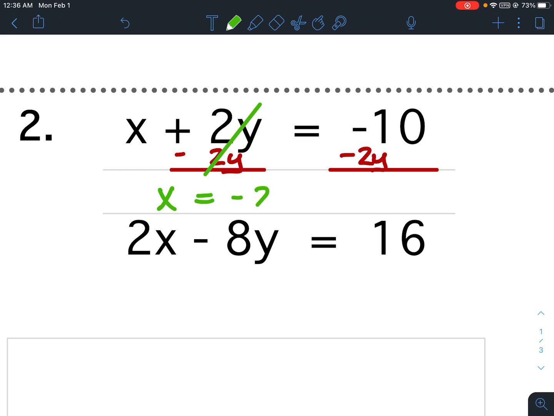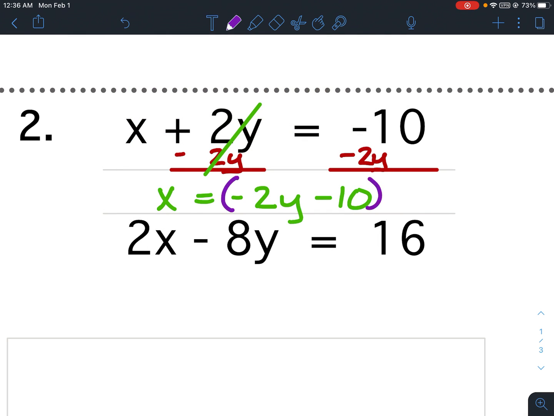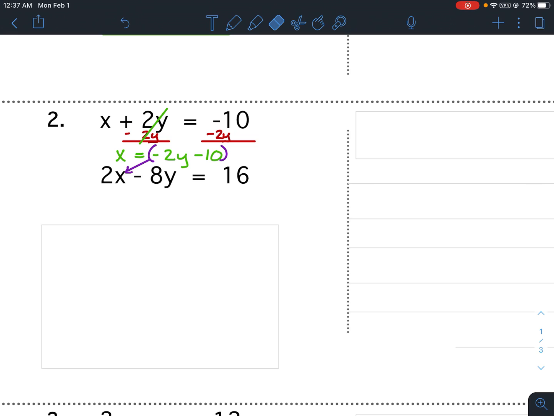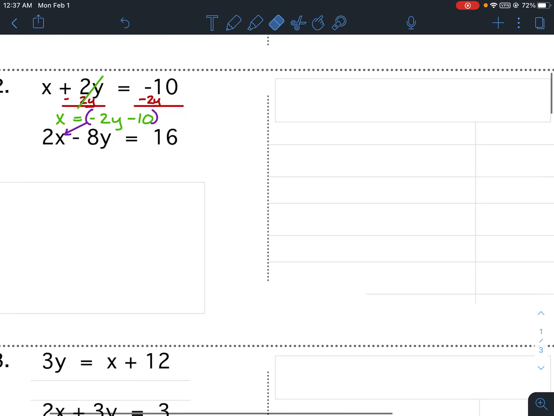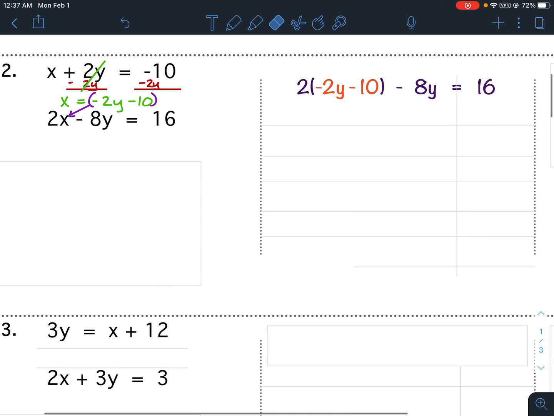So I bring down the negative 2y and I bring down the negative 10. And now this will substitute in for the x. So it's going to be 2 times the negative 2y minus 10, and then the rest of the equation. It'll look like this: 2 times negative 2y minus 10, and then minus 8y equals 16.